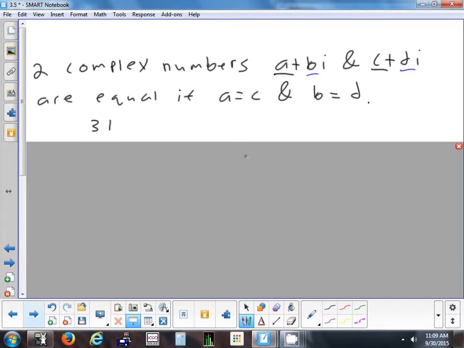Here's an example of two complex numbers that are equal: 3 plus 2i and 3 plus 2i. If I change part of it, let's say 3 minus 2i, these would not be equal. The real parts match, but that's only half of it. The real parts have to match, and the imaginary parts have to match, for two complex numbers to be equal.